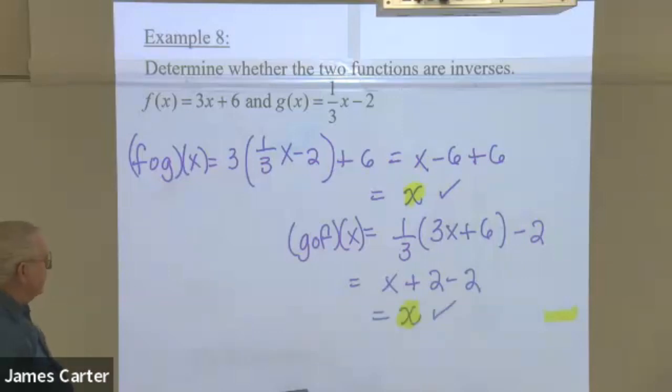And then that becomes x. So in this particular case, both of these come out x. Therefore, these two equations are one-to-one. What's the other implication of this? They're one-to-one, so what? Then that means that these two truly are inverses.